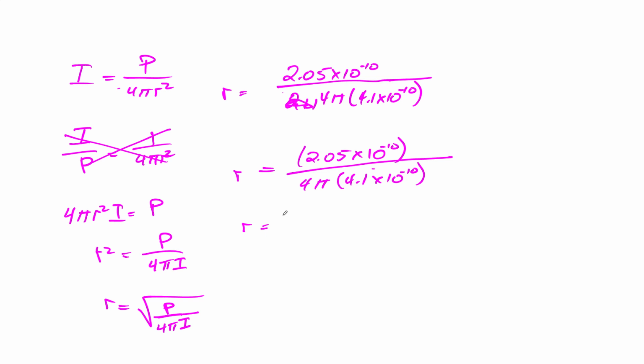So 2.05 raised to the minus 10th, divided by, let's put parentheses, 4 times shift pi. Now remember, we're not squaring pi. We're going to be taking the square root of the whole thing. So this is r squared.